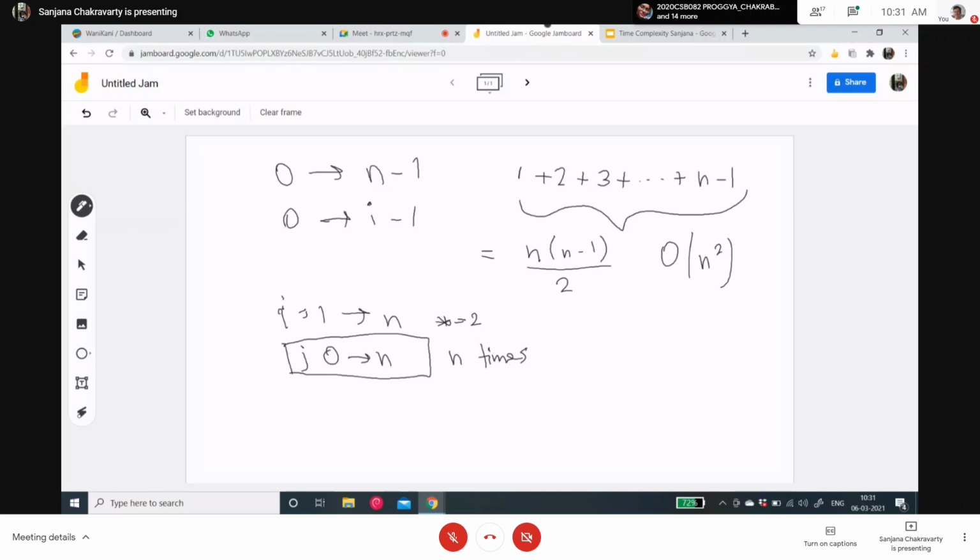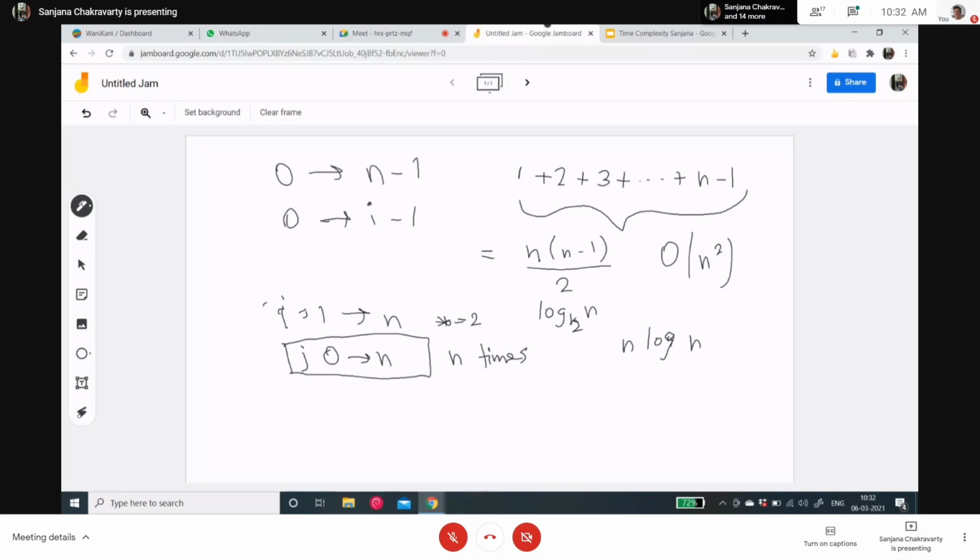How many iterations of i are there? It's multiplying by 2. It's the same as the one I explained in the previous slide. When it's multiplying by k, it was log of n to the base k, but now k is equal to 2, so it becomes log n to the base 2. For each iteration of i, j iterates n times. So for log n iterations of i, there's n log n iterations of j.